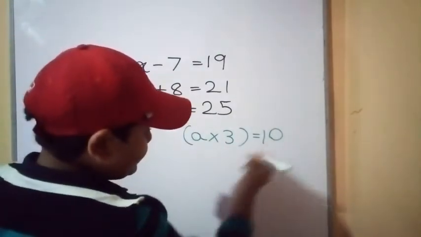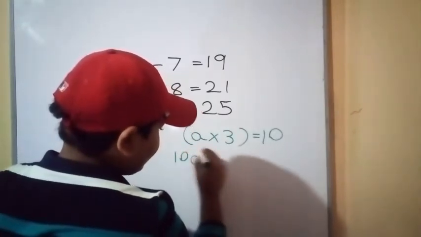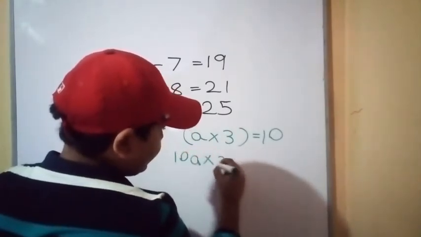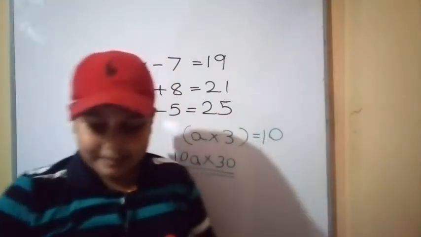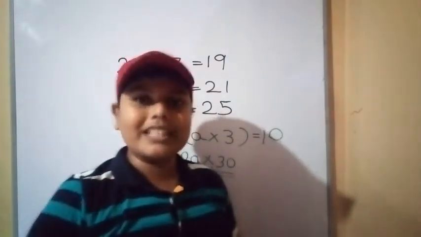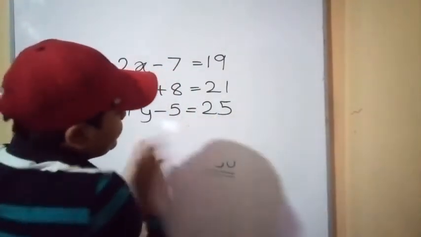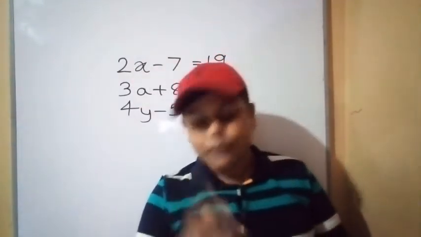You can simplify this by multiplying, like 10a multiplied by 3 is 30a. That is called an algebraic expression, which is not the subject of this lesson. Now these are the equations. Firstly we have the equations and lastly the formula.